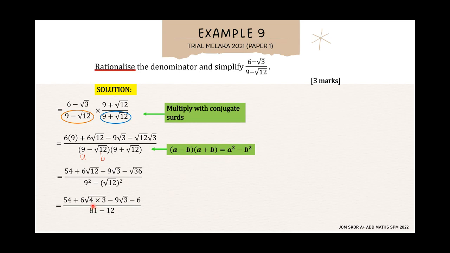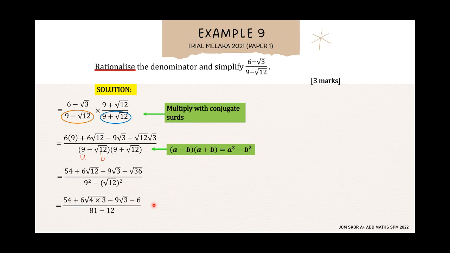So bila 4 darab dengan 3, you akan dapat. Kita nak cuba buang as sebanyak mungkin surd tu. Okay, yang ini tak boleh nak simplify dah. 9 surd 3. Surd 3 tak ada yang boleh darabkan dengan perfect square. So salin balik. Okay, surd 36 adalah. Okay, di bahagian denominator, 9 square is equal to 81 and surd 12 square dapat balik nilai asal.